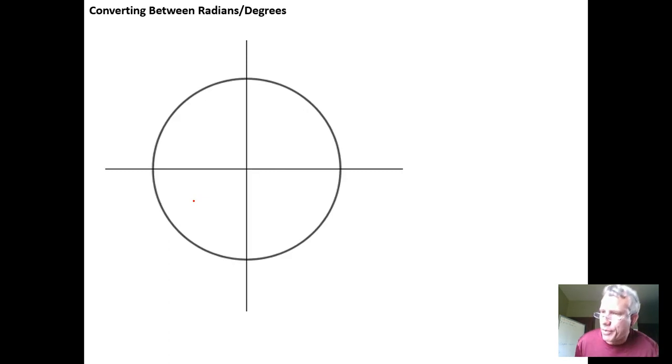So what we want to be able to do is convert between angle measure in radian and degree measure. And here's the idea. We have a radian defined to be arc length S divided by radius, or I could spell it out, arc length divided by radius.